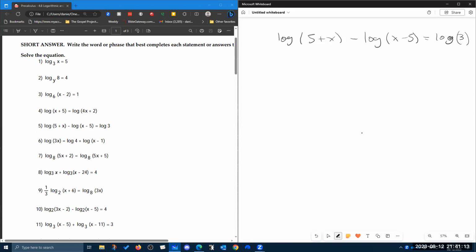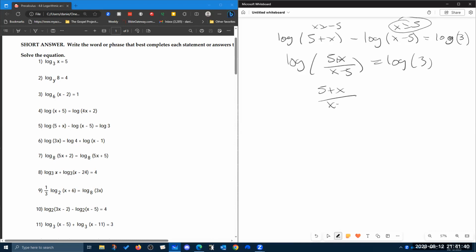So I'm going to rewrite this as division. Same thing here, x needs to be greater than -5, and x needs to be greater than 5 here. 5 wins. So 5 plus x over x minus 5 equals 3.